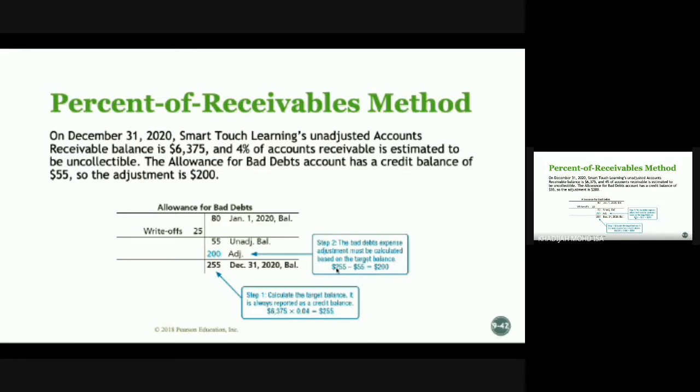Calculate the target balance. You have 255. The bad debt expense adjustment must be calculated based on the target balance, which is 255 minus 55. You have a credit balance of 55, so the adjustment is 200. You use that as a balancing figure. Since 80 minus 25 is 55, but you estimate 4% of your account receivable is 255, you have to make an adjustment of 200.